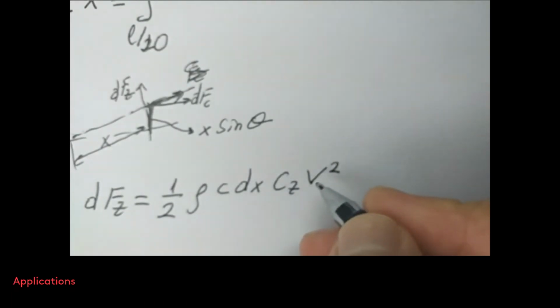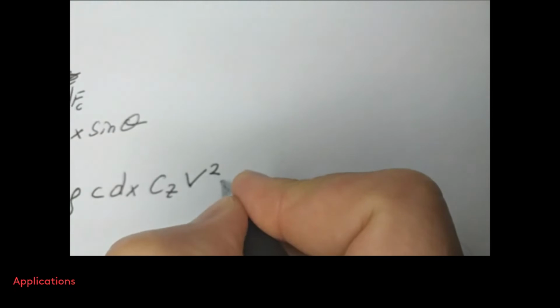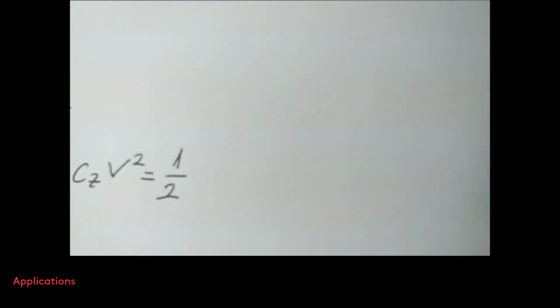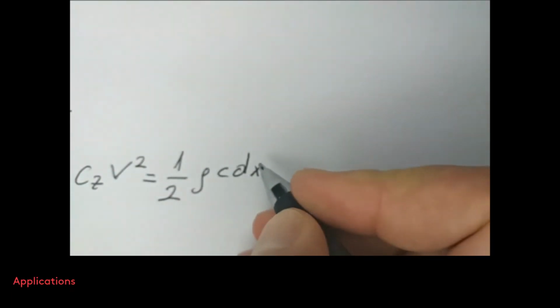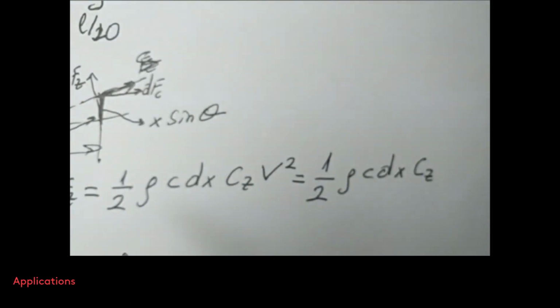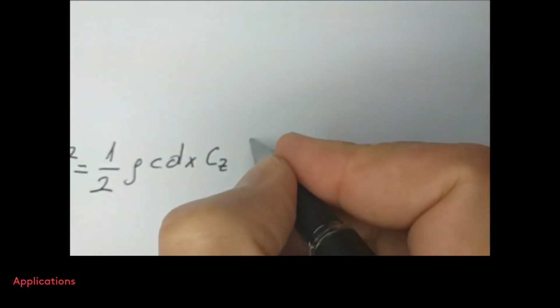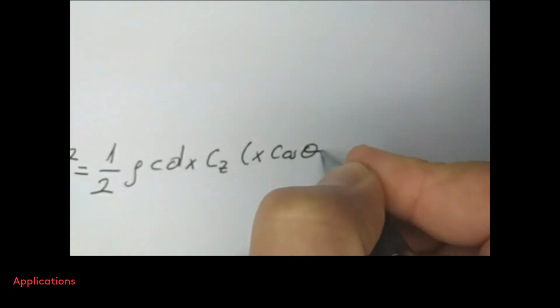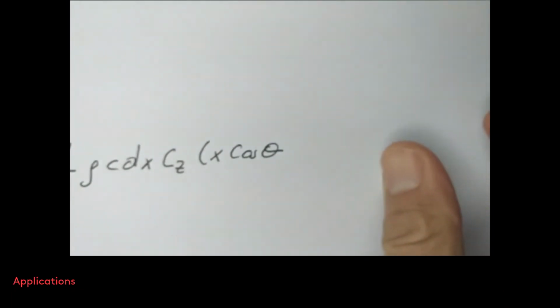That is equal to 1/2 rho c dx Cz multiplied by this distance, which is x multiplied by cosine theta, multiplied by omega.